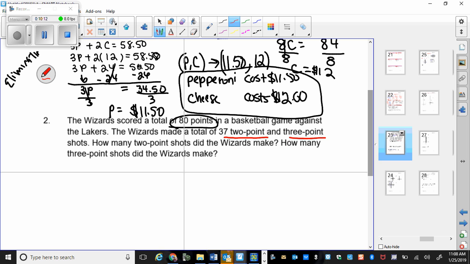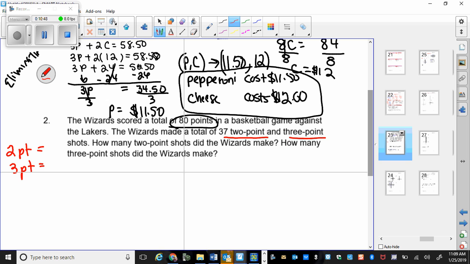Well, I know that 2-point shots are worth 2 points. So the Wizards are making these 2-point shots and 3-point shots, and we don't know how many, so we're going to have to create variables here. That's what they're asking us about.